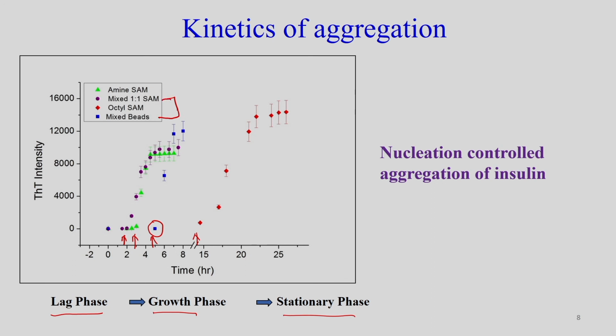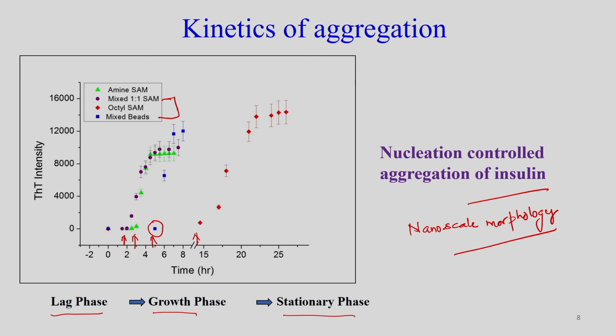So, what it suggests is that although the presence of amine and octyl groups will be almost the same in mixed SAM and mixed bead, the mixed SAM will have nanoscale morphology, or nanostructured surfaces, due to the formation of the mixed SAM.